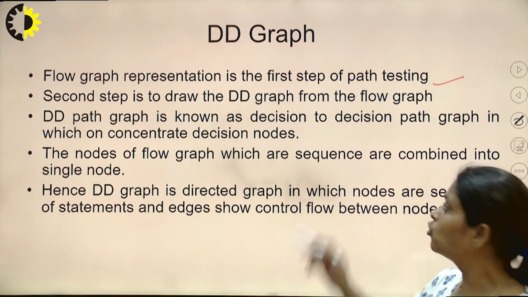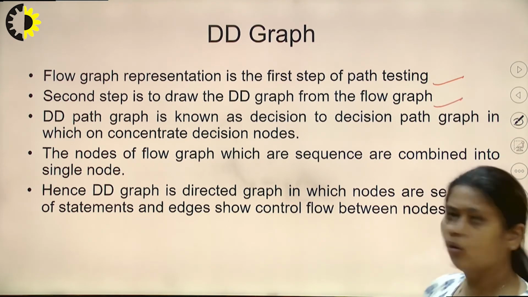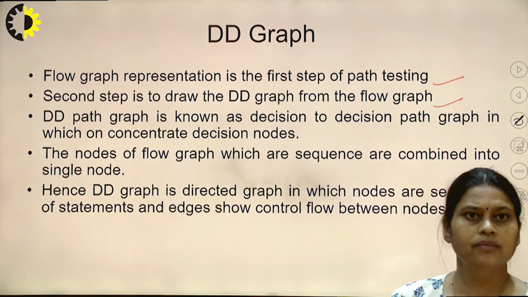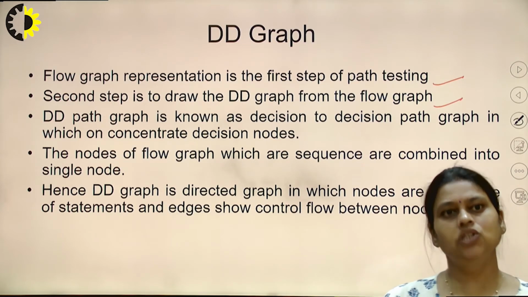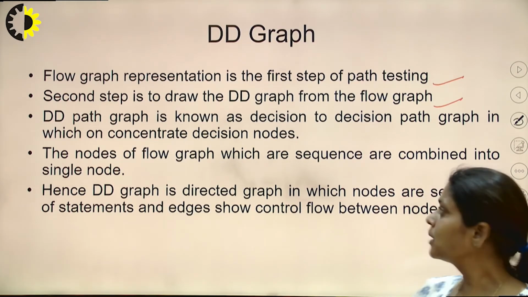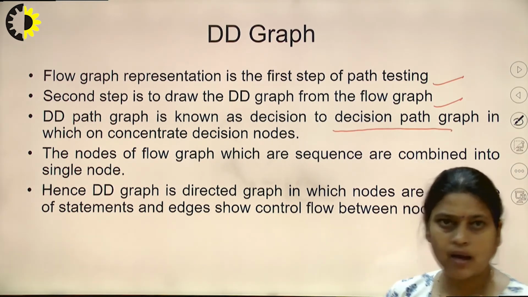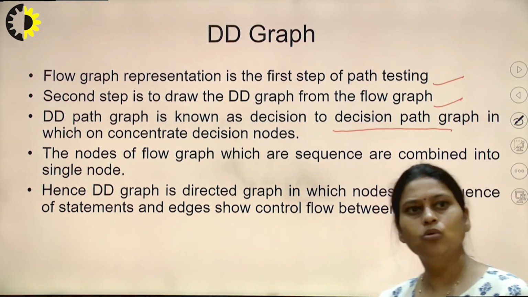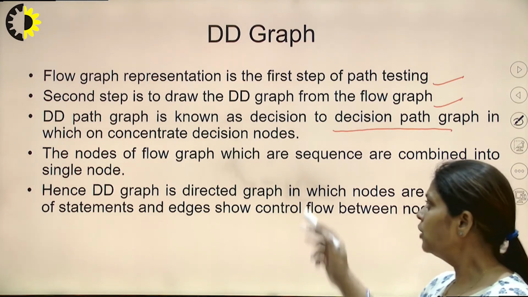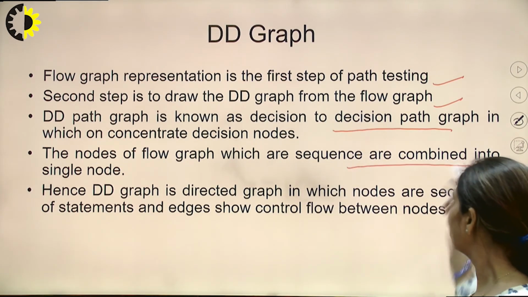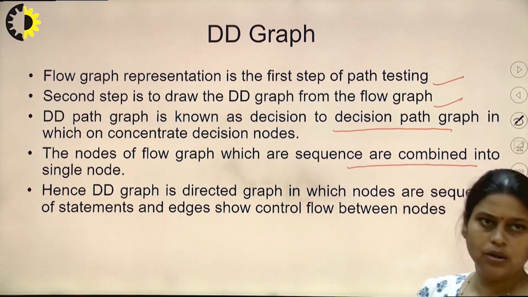The second step is to draw the DD graph from the following flow graph. Now the DD graph is known as the decision to decision graph. It shows the decision to decision paths, in which we have to concentrate only on the decision nodes. So the nodes of the flow graph which are in a sequence are combined into a single node.